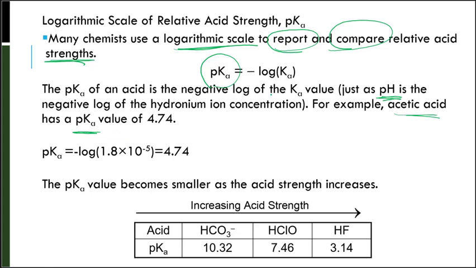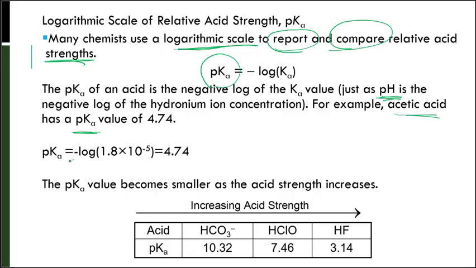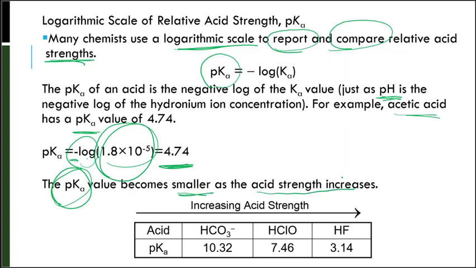If I were to look at acetic acid on that chart, going back to this table, here's acetic acid. It has a Ka value of 1.8 times 10 to the negative 5. So if I take the negative log of 1.8 times 10 to the negative 5, I get a pKa value of 4.74. And the pKa values become smaller as the acid strength increases.